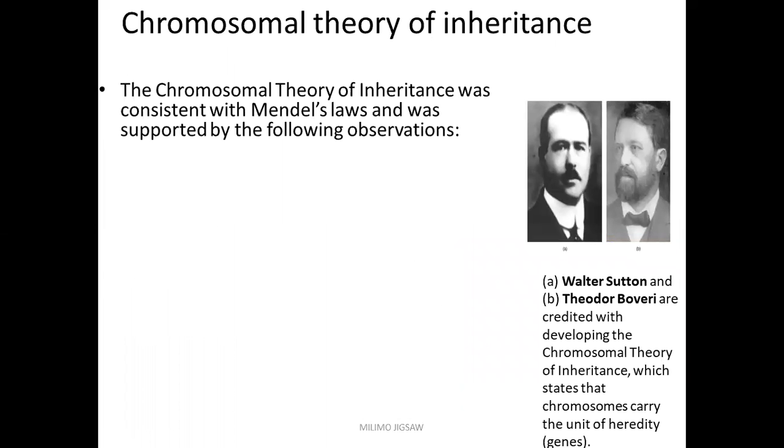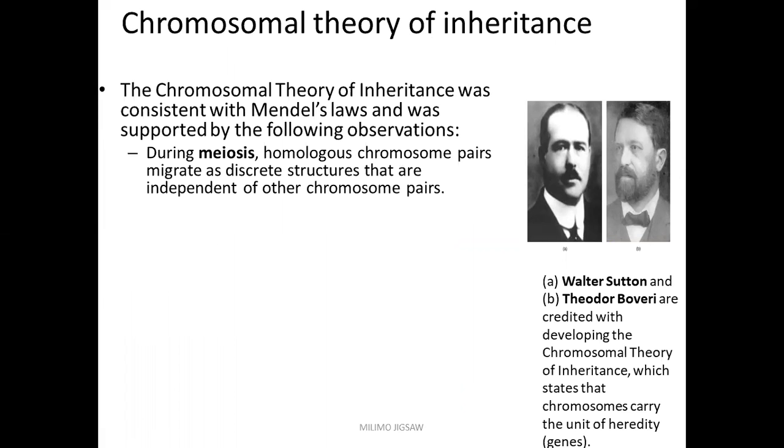The chromosomal theory of inheritance was consistent with Mendel's laws and was supported by the following observations. During meiosis, we have what are known as homologous chromosomes. The homologous chromosome pairs migrate as discrete structures that are independent of other chromosome pairs.